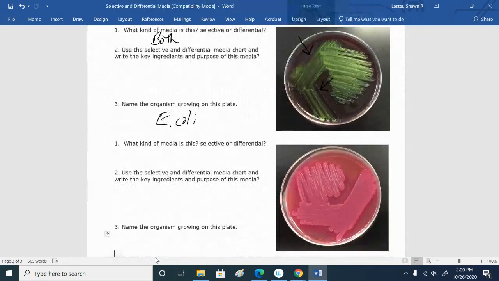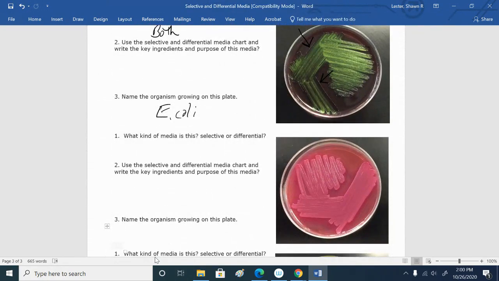So here we have a MacConkey plate. So what can you tell me about MacConkey? Is it selective or differential? It's the same as the other one, right?